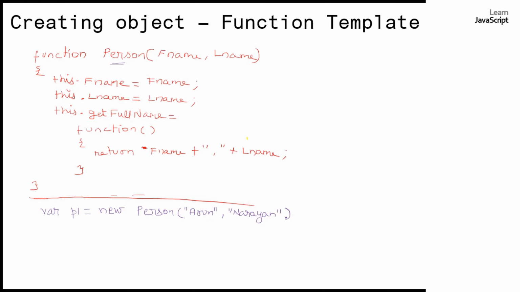So just now we created one object. And the same way you can create one more object. The second object name I'm giving as Nagi.